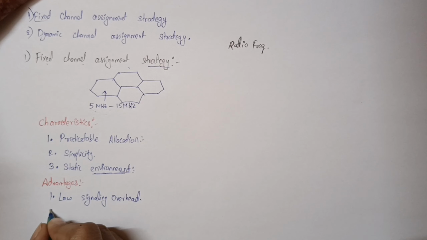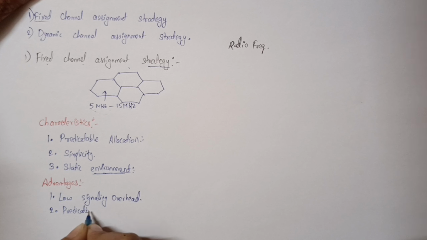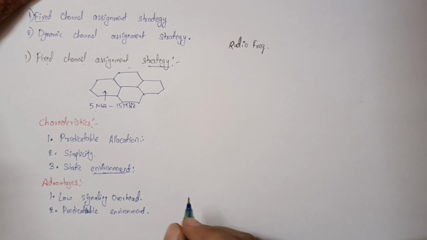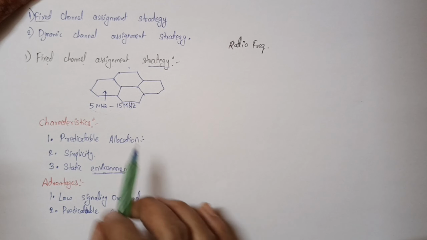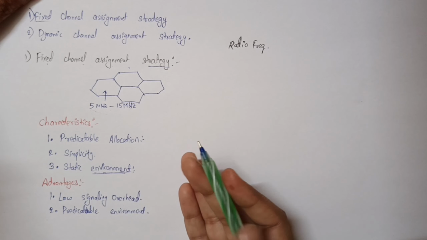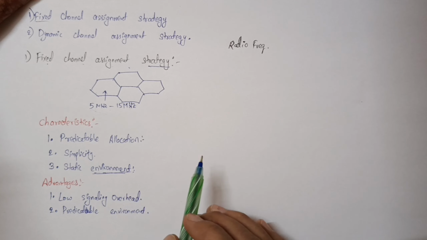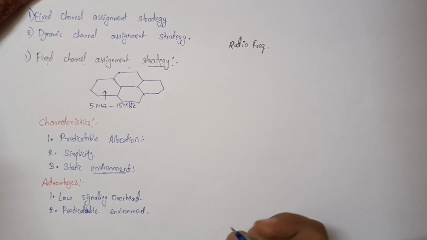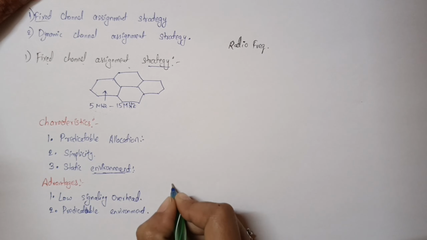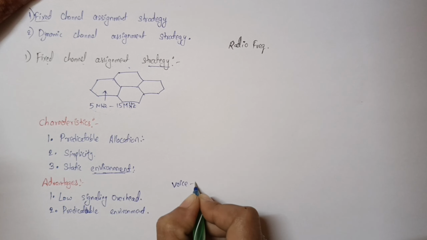The next advantage is a predictable environment. Because the channel assignments are fixed, the network operates in a predictable and stable environment. This simplicity can be an advantage in certain scenarios such as voice-centric networks.